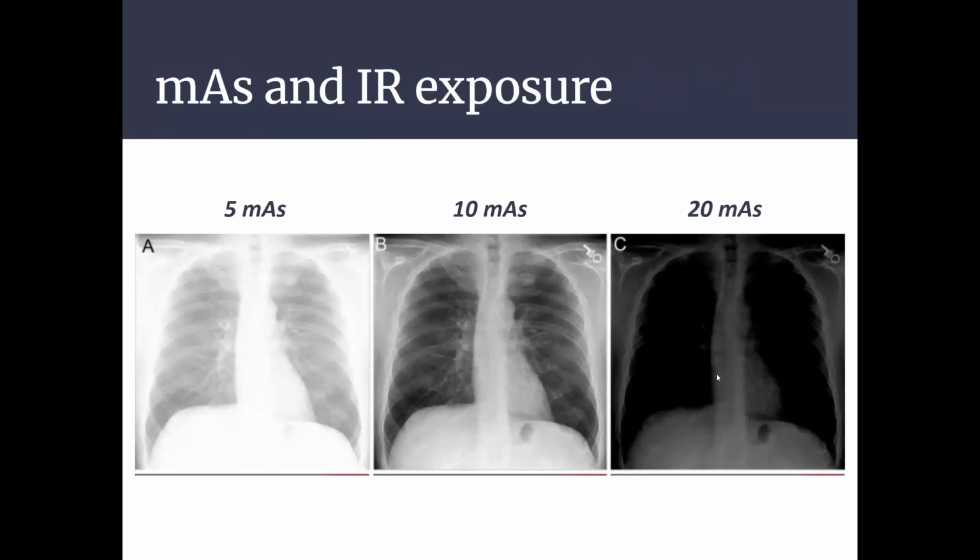So, mass and IR exposure. As you can see through these three radiographs, radiograph A, they only used 5 mass. As you can see, it has low attenuation. So not much, is that correct, Cindy? Okay. So not much of the X-ray beam is going through the patient.